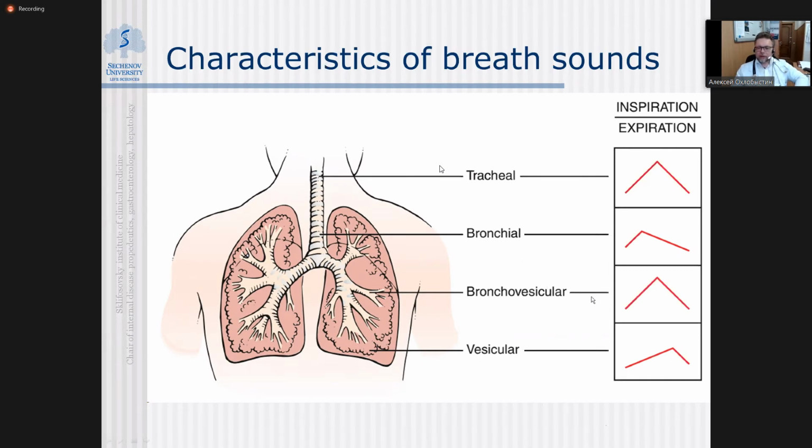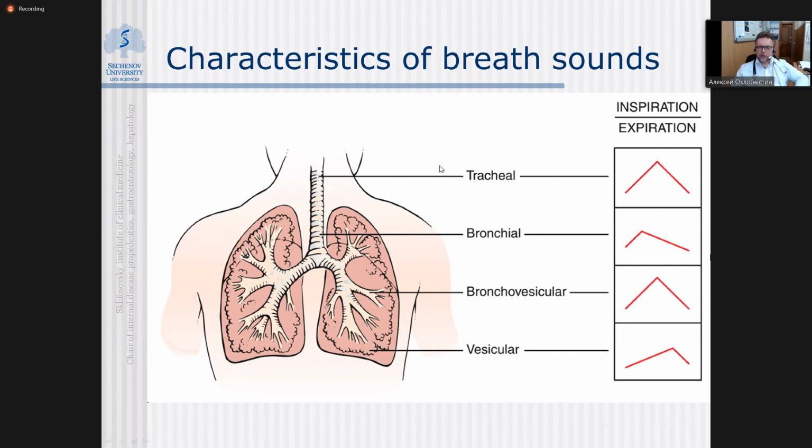Bronchovesicular breathing is typically a mixture of bronchial breathing and vesicular breathing. It is the result of a mixture of the sound coming from the larynx and trachea and the sound coming from the alveoli. The point is that normally you should hear tracheal and bronchial breathing only over the trachea and its bifurcation, the manubrium sterni and the superior portion of the body of the sternum, and up to the interscapular space.